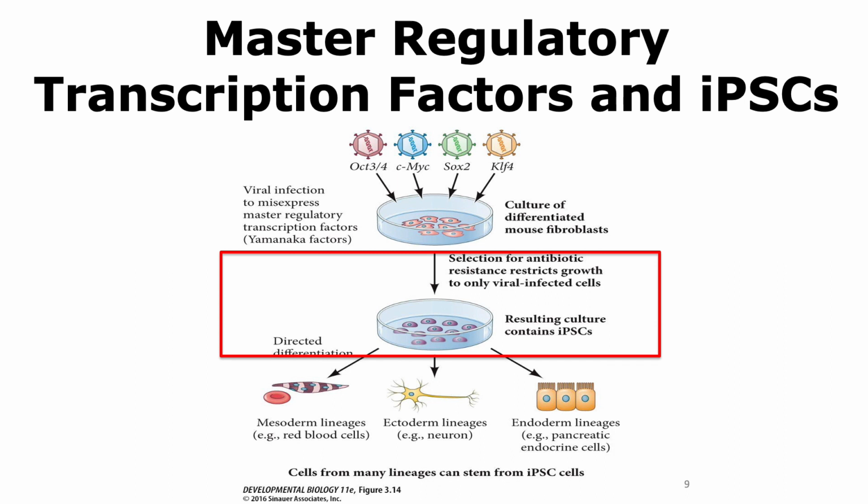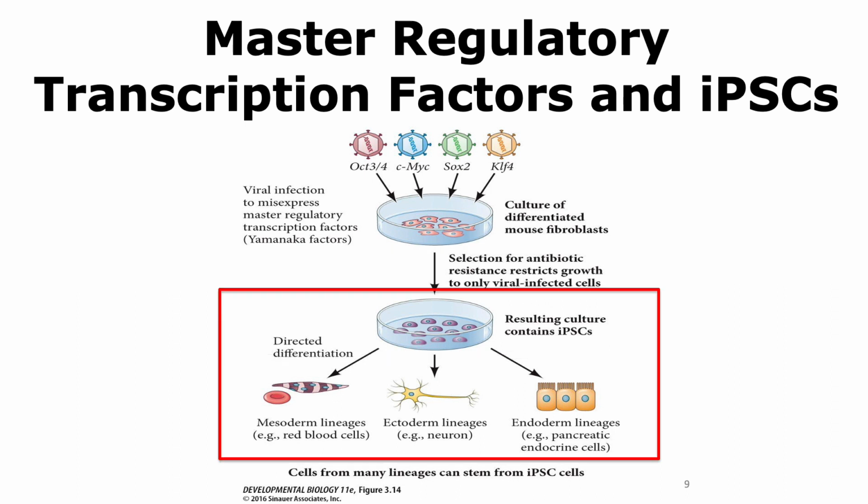They were called induced pluripotent stem cells because these cells now had the ability to become different lineage cells like mesoderm lineages, ectoderm lineages, or endoderm lineages.